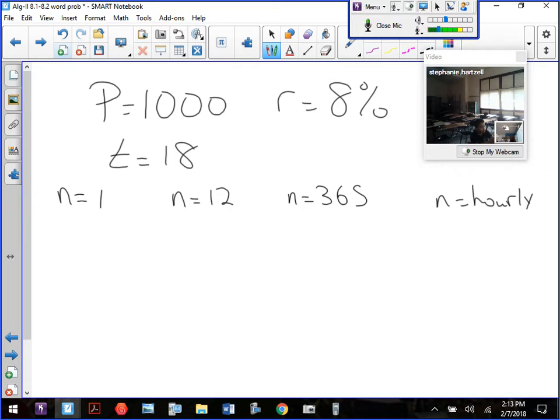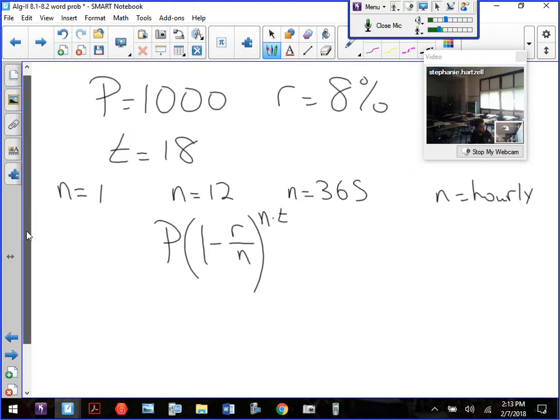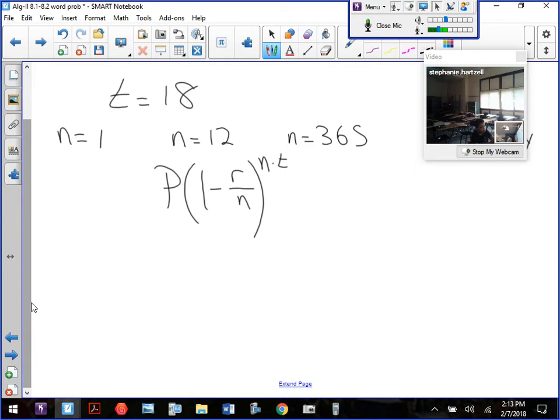The formula itself doesn't change. We're going to use this compound interest formula where we have your principal, your initial amount, 1 plus the rate over the number of times compounded, raised to the number of times compounded times the number of years. So what I do is this. This is really nice calculator work.